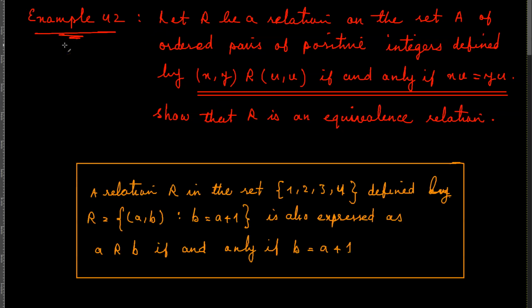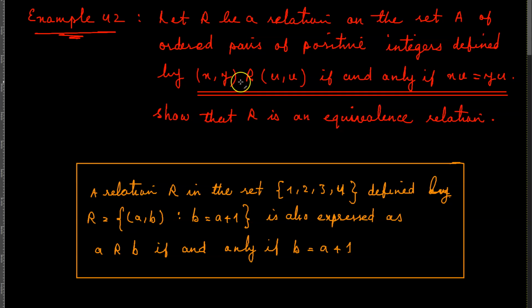Okay, so first of all, about this notation. Let me read the example one more time. Let R be a relation on the set A of ordered pairs of positive integers defined by this, right?